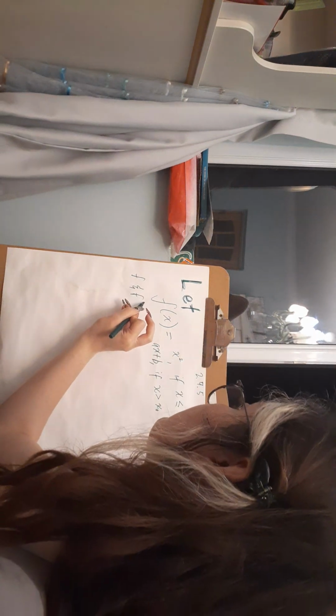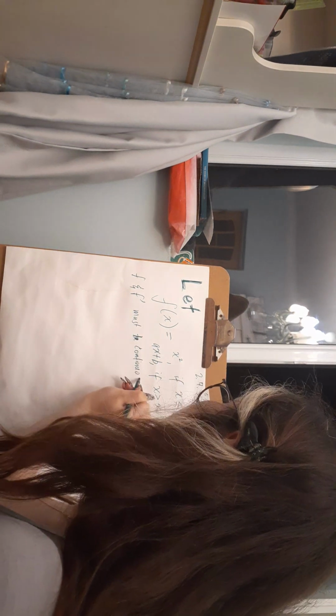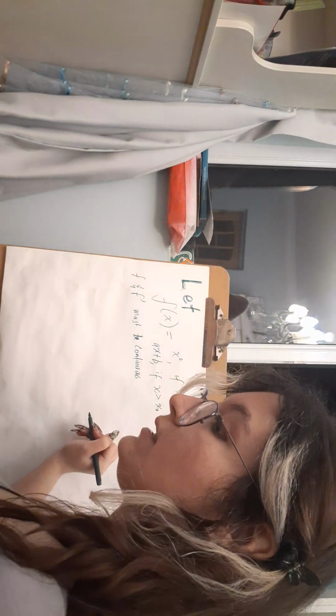In order for that to happen, f and f prime, or the derivative of f, have to be continuous and have a derivative.